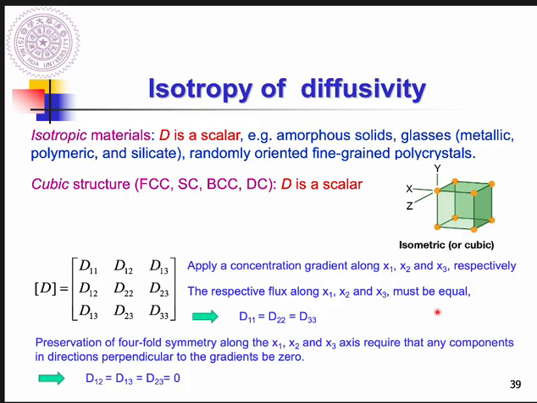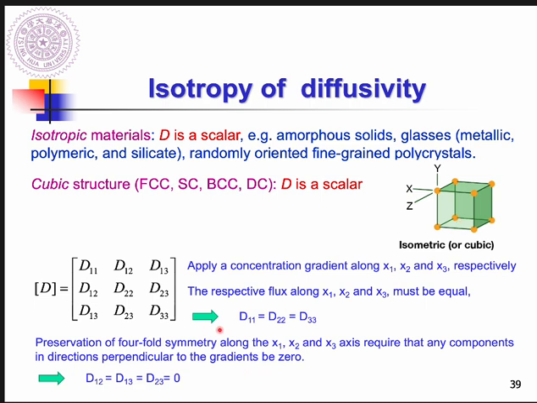For example, the cubic structures like FCC, simple cubic, body-centered cubic, and diamond cubic. The diffusivity is a scalar because in a cubic structure A equals B equals C, and alpha, beta, gamma all equal 90 degrees.